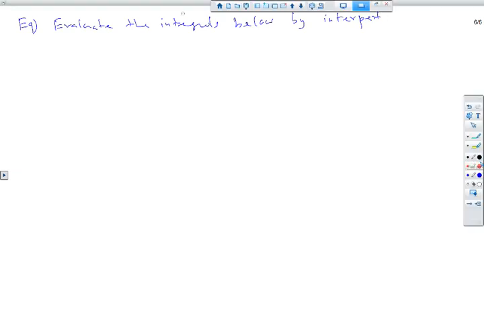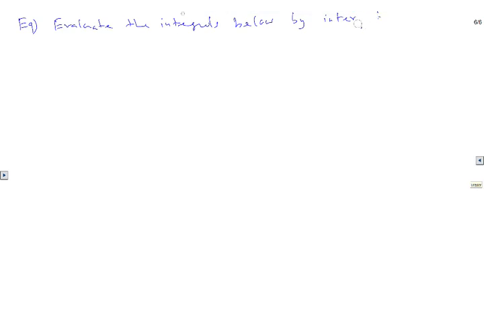Evaluate the integrals below. Let's do a few below, by interpreting... that's not interpreting. Okay, so let's erase this.